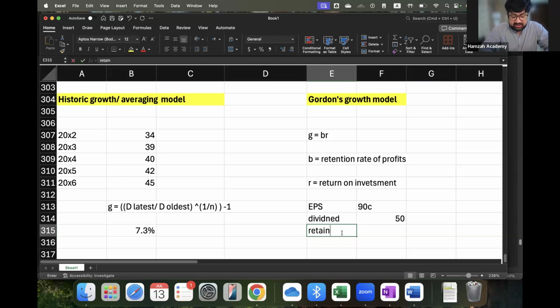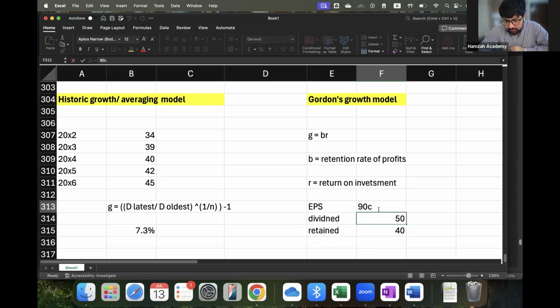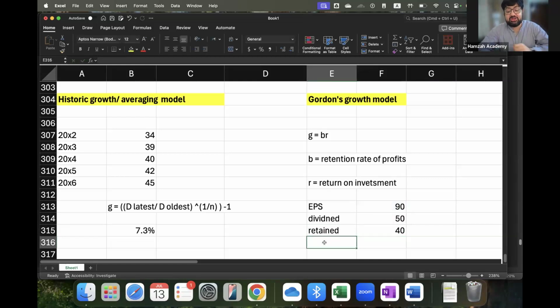The retained amount is 40. Where did 40 come from? Total earned is this, paid is this, retained by the company is this.